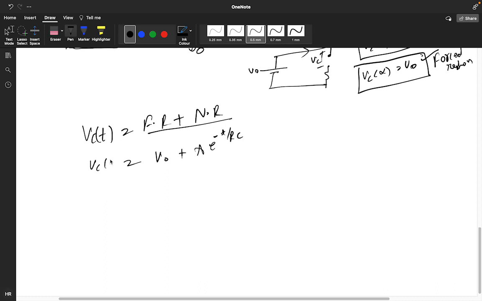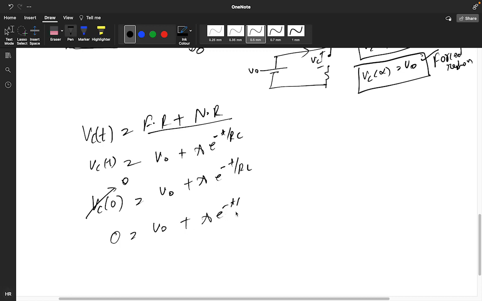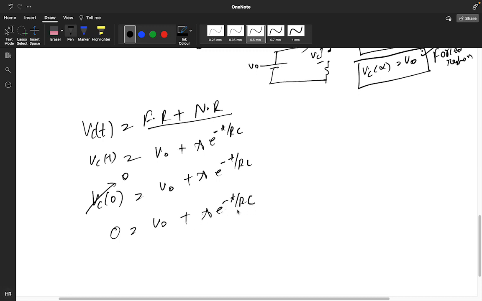This is your VC of T. Now you want to get the value of A. So put the value of VC of 0. You know the VC of 0 value was 0, already we calculated. So 0 is equal to V0 plus A e power minus T by RC.